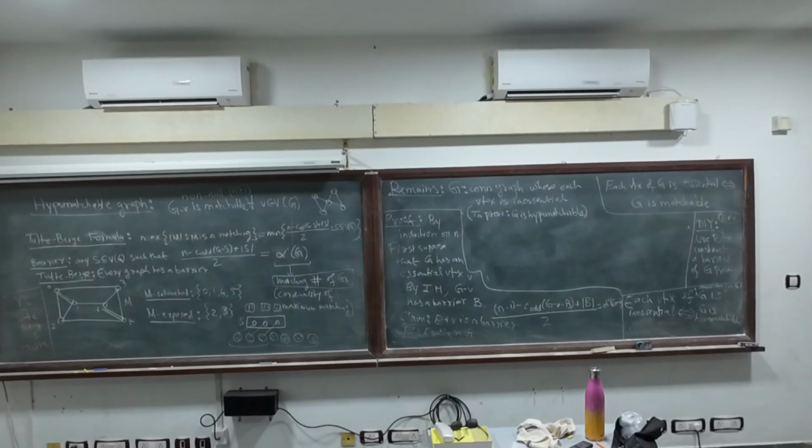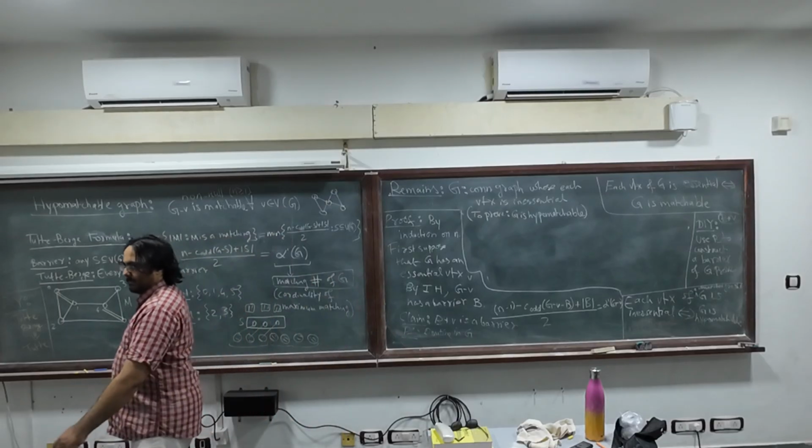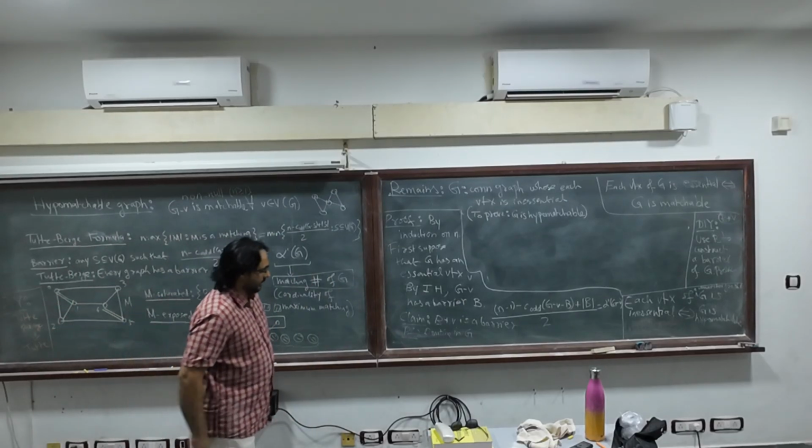Okay. Let me ask you. If we prove the following statement, for any maximum matching M and any two distinct vertices U and V, at most one of U and V is M exposed, then are we done? At most one. If we prove the statement, let me write down the statement.